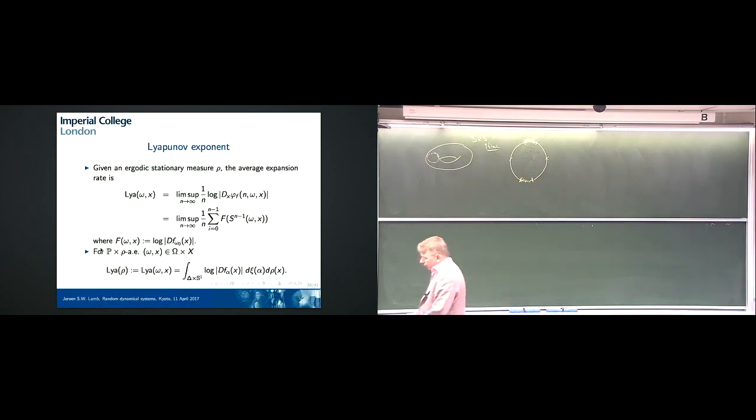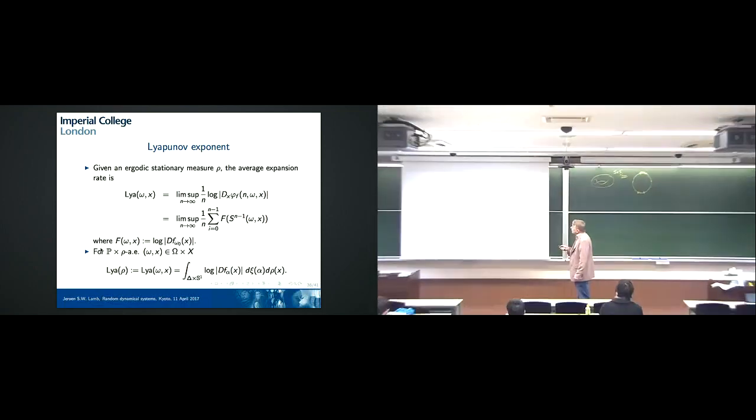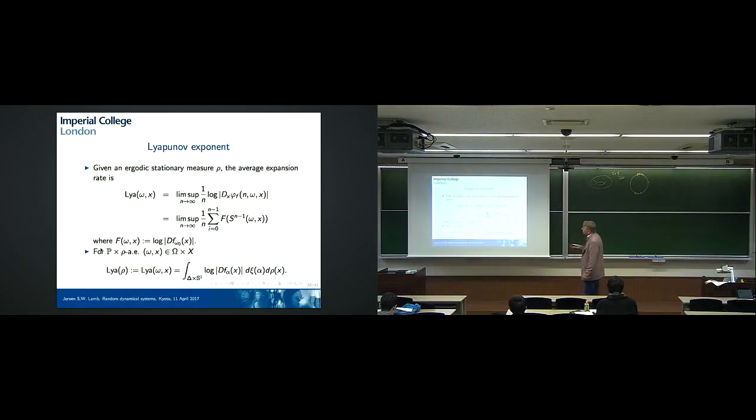One way to measure contractivity is looking at the Lyapunov exponent. Suppose we have an ergodic measure, then we can try to use the ergodic theorem somehow to get some good expression of the average contracting rate along an orbit.